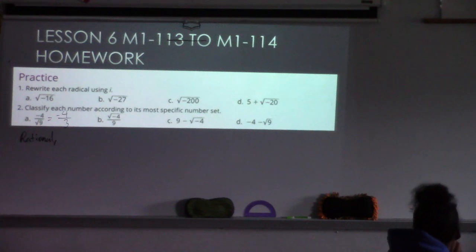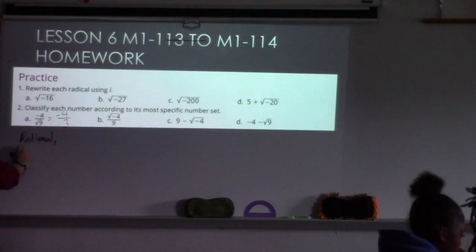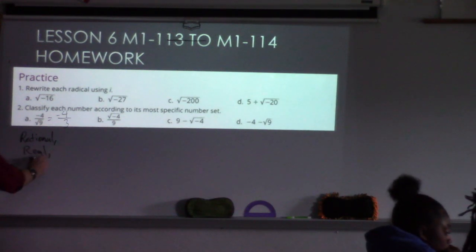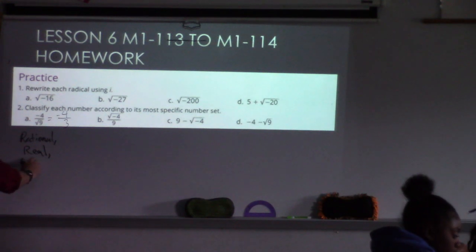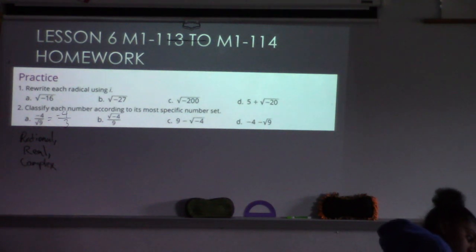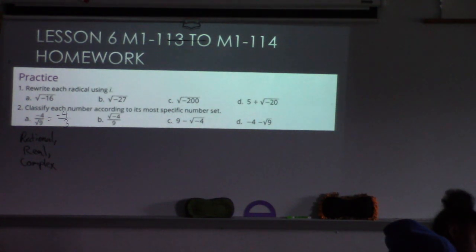The next thing above rational is real, and if it's a real number, it is also complex. So it's rational, it's real, and it is complex. That is 2A. Good little reminder.